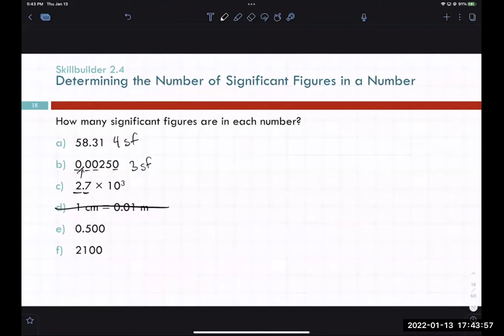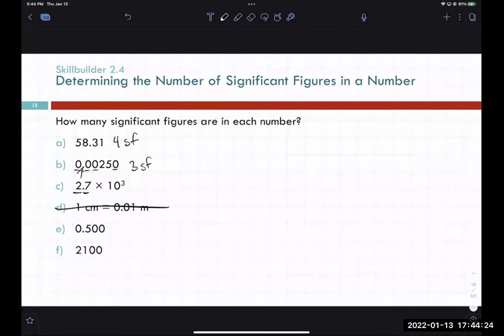Cross this one out because this is an exact conversion, right? So these units are defined based on each other, a centimeter is 1/100th of a meter. To give you other examples of exact conversions, a foot is 12 inches, a pound is 16 ounces. Those are exact because they're defined that way.